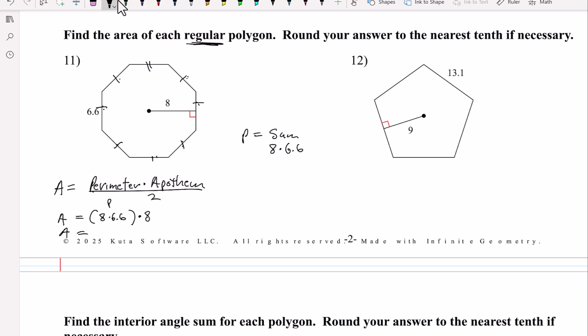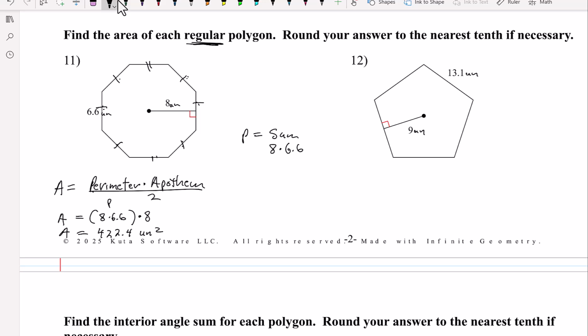Pretty easy, and you've got 422.4. Since there are no units, you would just put units squared, and that's really important. Maybe just tell students to put units here so that they can remember to put units squared.